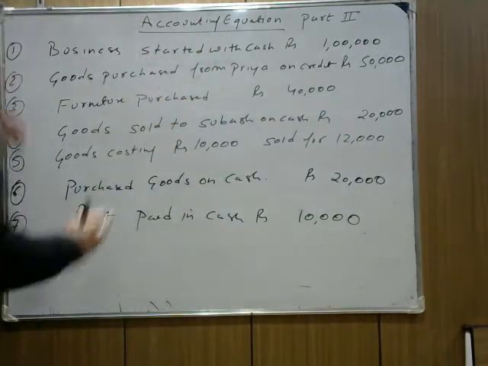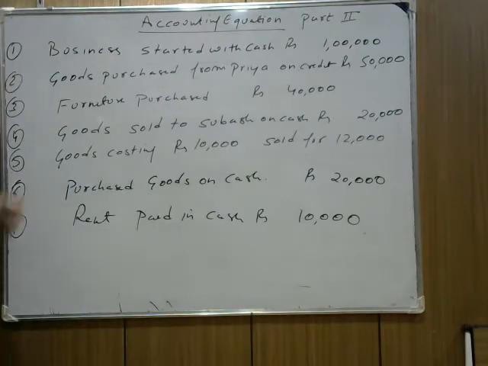Now understand them, there are 7 transactions given in the question. Business started with cash, goods purchased from Priya on credit, furniture purchased rupees 40,000, goods sold to Subhash on cash rupees 20,000, goods costing rupees 10,000 sold for rupees 12,000, purchase goods on cash rupees 20,000, and the last is rent paid in cash 10,000.